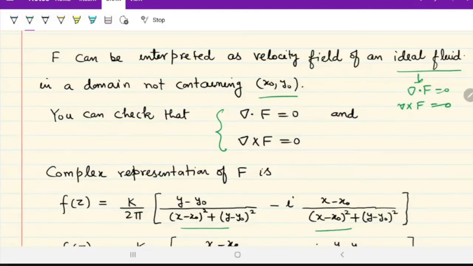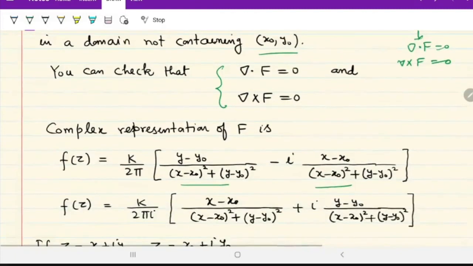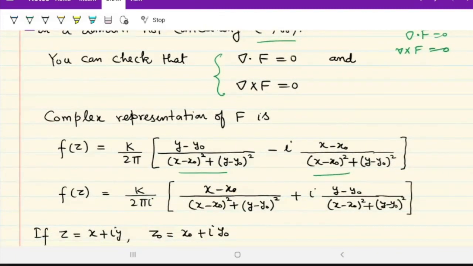Let us further manipulate it. Let's multiply and divide by i. When you multiply i in this, you get i square, and you have a minus sign, so it becomes plus. So you have the first term here, x minus x0 divided by the denominator, and i gets multiplied here, so you get i times y minus y0, and then the denominator.